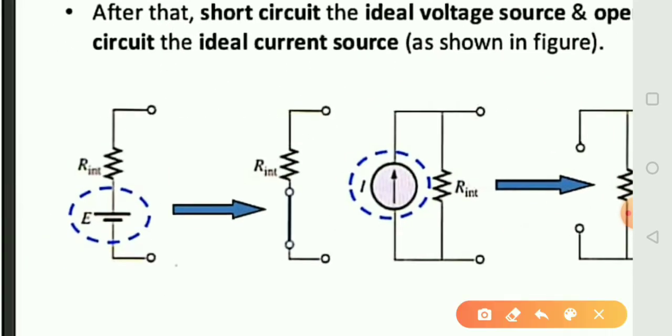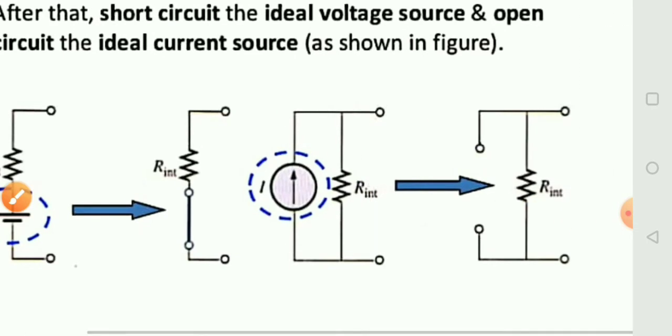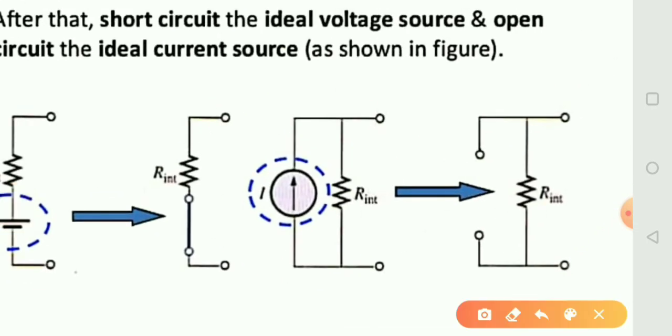In this figure, this is the voltage source and this is the internal resistance. So, if we consider the current source, then this voltage source becomes short circuited like this. And for the current source, if we consider the other source, then the current source should be open circuited like that.